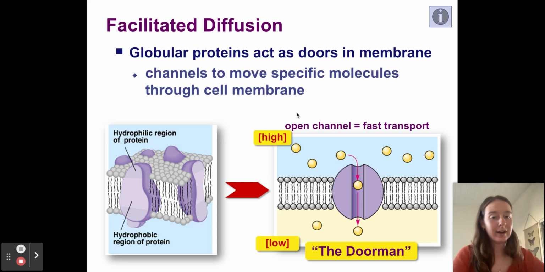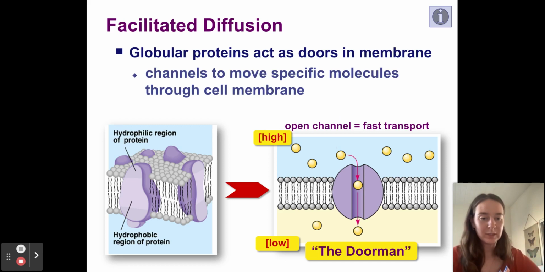So as long as you've got a higher concentration of the molecules on one side, they're going to easily, quickly diffuse. The same principles of diffusion, movement of solutes or molecules from a high concentration to a low concentration. But in this case, it's actually through some sort of channel. That's the only difference. So think about these proteins as kind of like the doorman. They're like the gates of the cell, allowing certain things in or out.